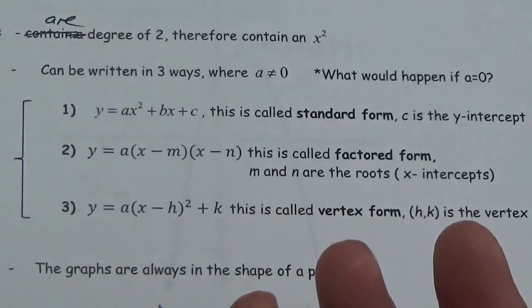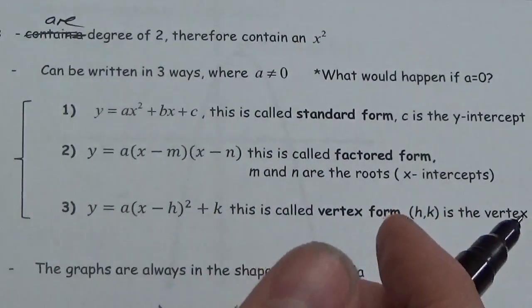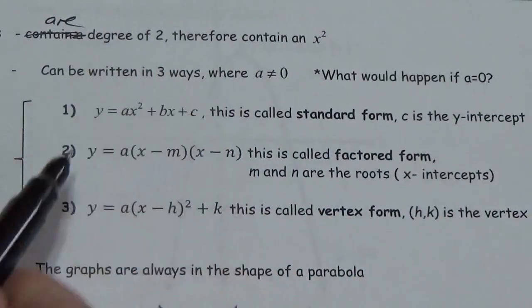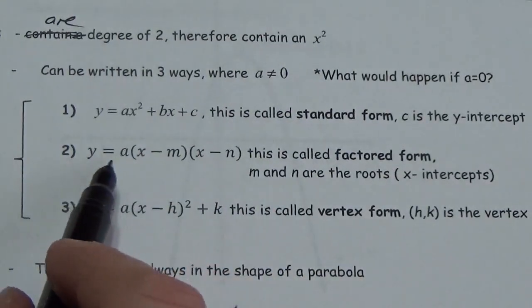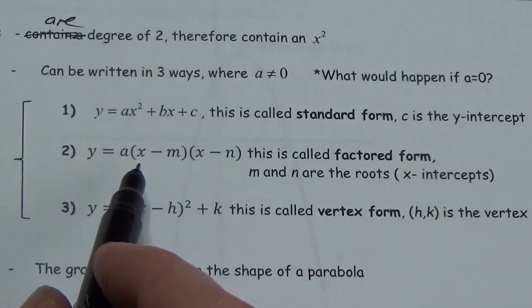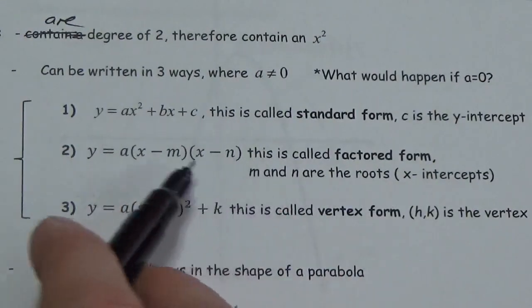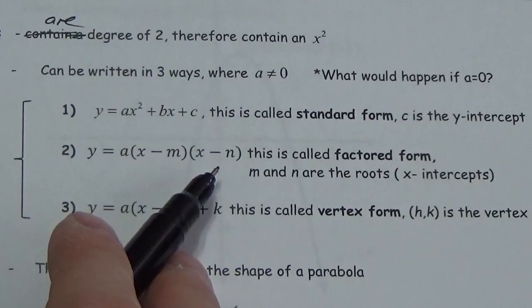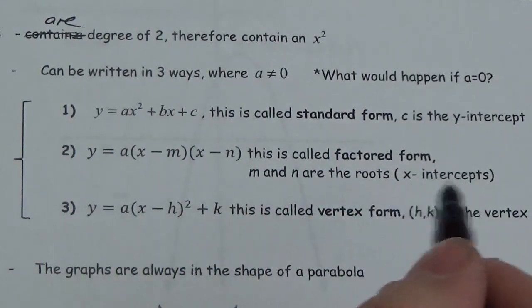Beyond that, right off the bat, that doesn't actually give us a lot that we can use to graph. It does have some interesting algebraic properties, but it's not quite so useful when we're trying to graph the quadratic. Another version of this is the factored form. Again, there's our a right up front, but then we have this written in factored form: x minus m, x minus n. In this case, m and n are both the roots of the equation, and what that ends up being graphically are the x-intercepts.